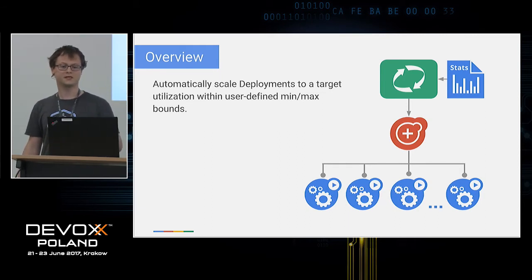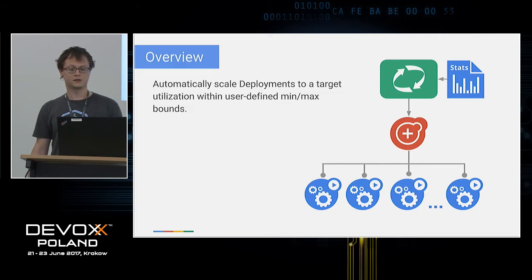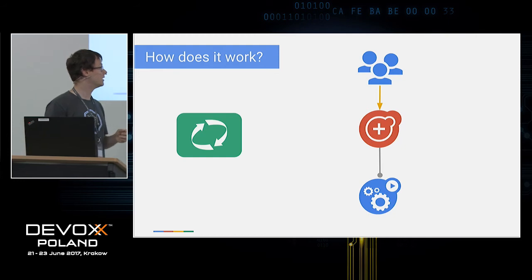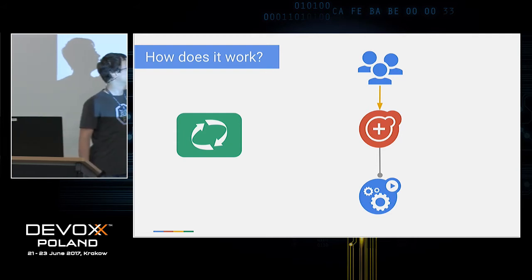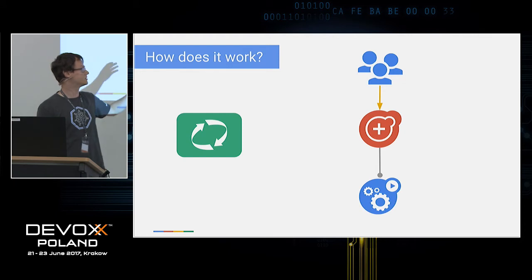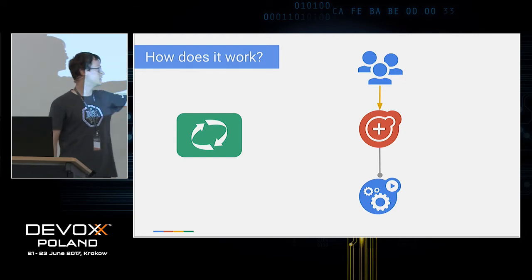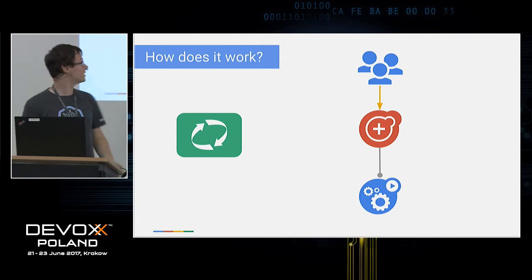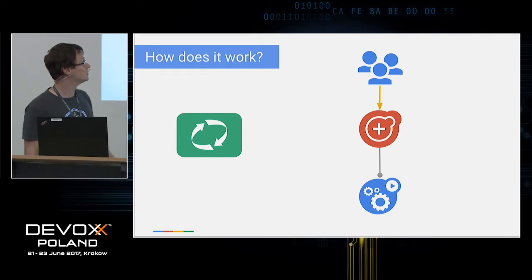OK, so that's the basic idea. So how does that actually work? It's pretty simple. Let's revisit our early example. Imagine we have an Nginx deployment, and we have some users using it. It currently has just a single pod that is serving our users, and we have an HPA monitoring it.